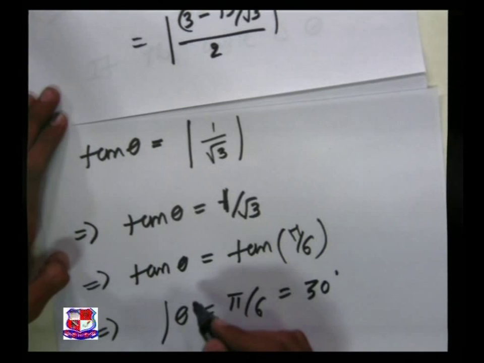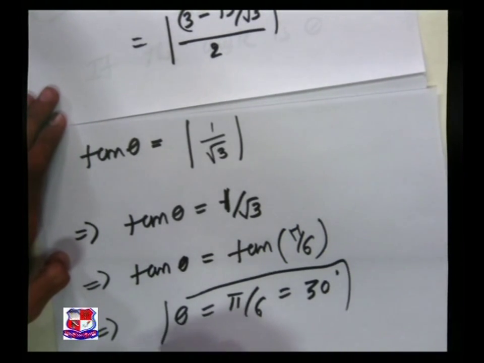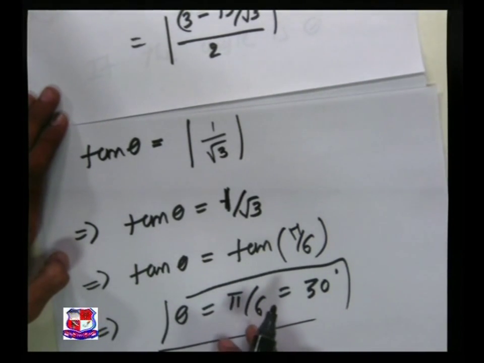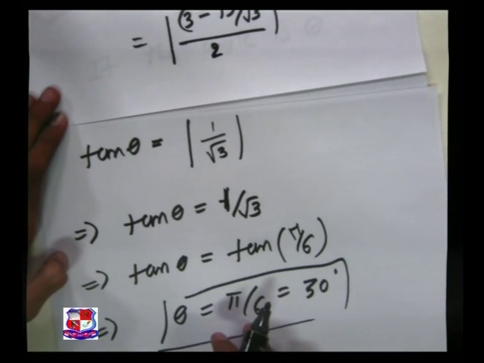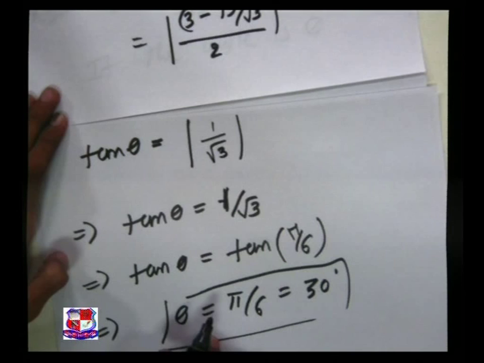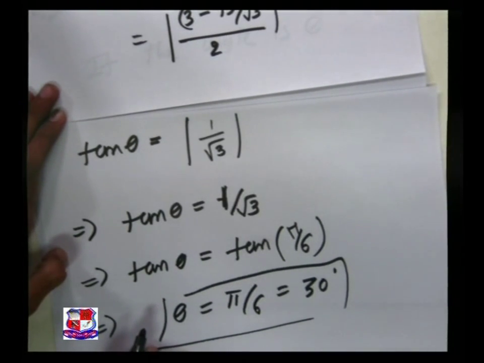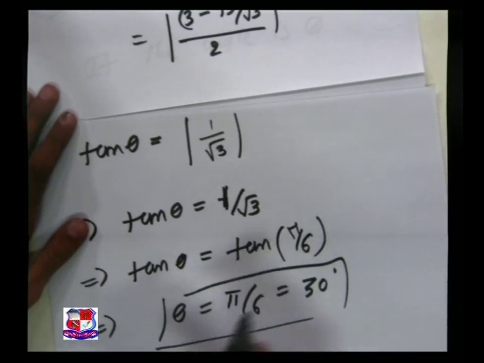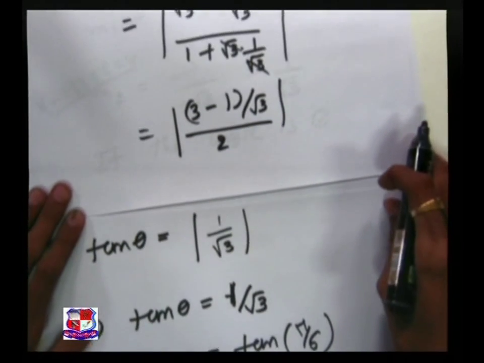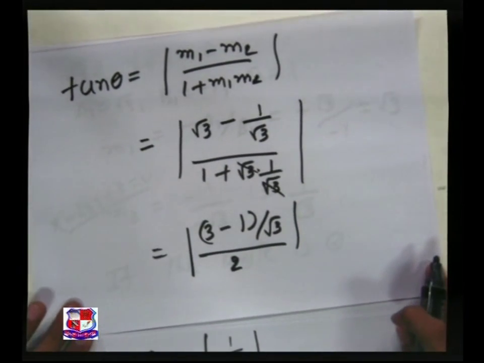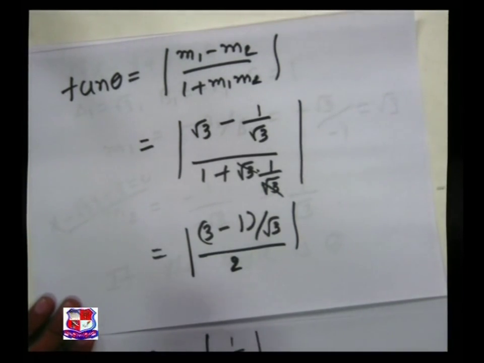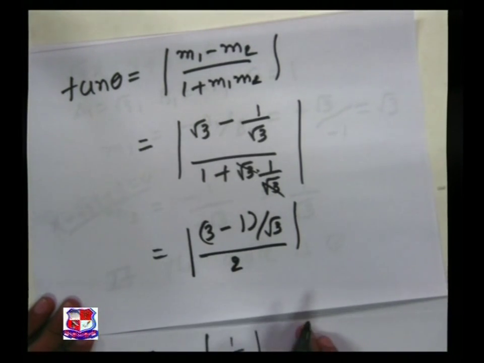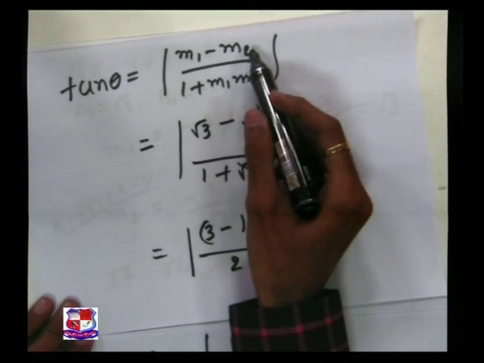So the angle between these two lines, √3x − y + 1 = 0 and x − √3y + 2 = 0, is theta = π/6. We can find the angle between two lines using this formula. First of all, we need to find the slope of both lines, m1 and m2.